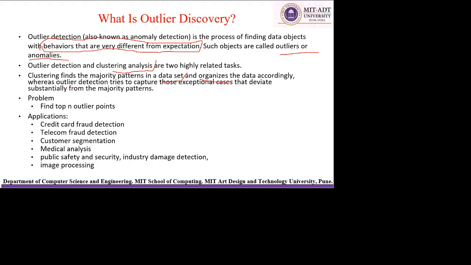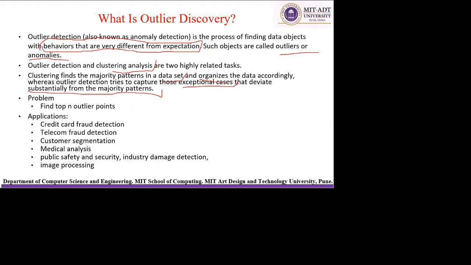But in outlier detection, you try to capture the exceptional cases which are deviated substantially from the majority of patterns. So the problem in outlier discovery is to find the top n outlier points which are deviated.